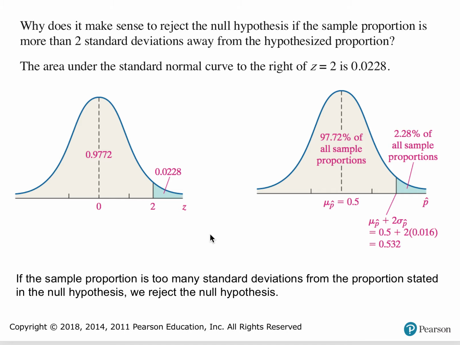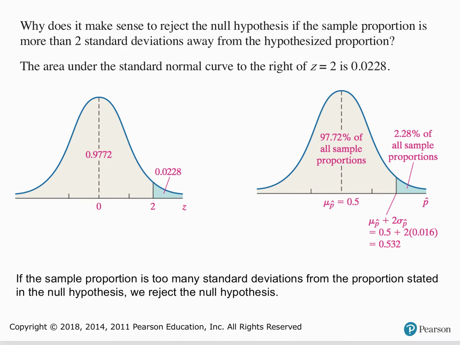Okay, a second criterion that we might use is to determine how likely it is to obtain a sample proportion of 0.534 or higher from a population whose proportion is really 0.5. So we could compute the probability of obtaining a sample proportion of 0.534 or higher from a population whose proportion is 0.5 using the normal model.